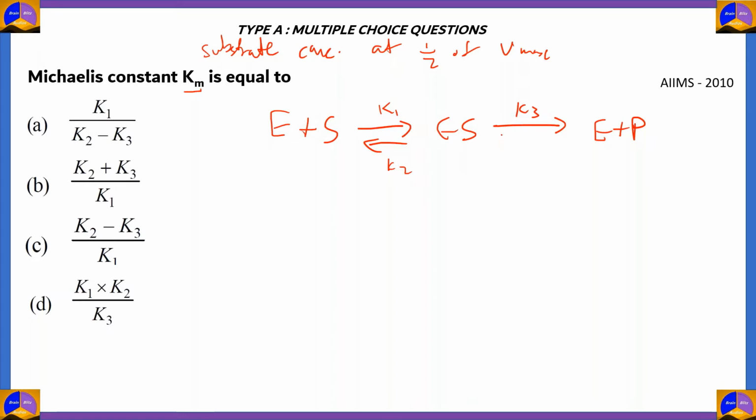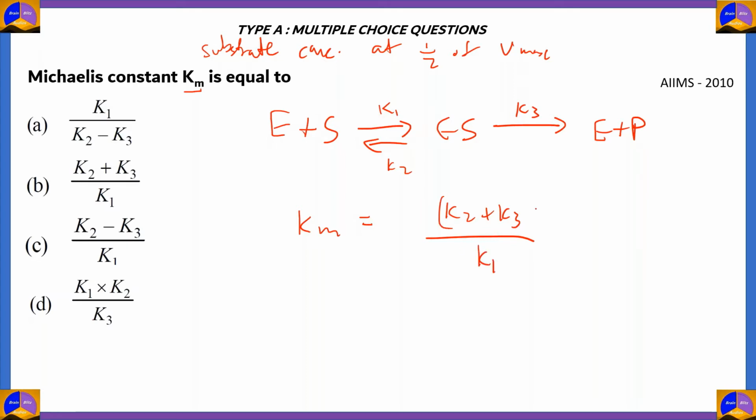And so, therefore, we'll write the Michaelis constant as the constant of the equations from the enzyme substrate complex, that is K2 plus K3, divided by the constant of the reaction that leads to the enzyme substrate complex, so that is K1.